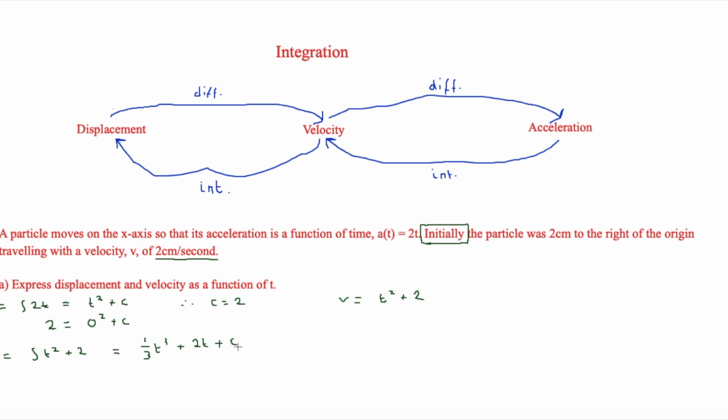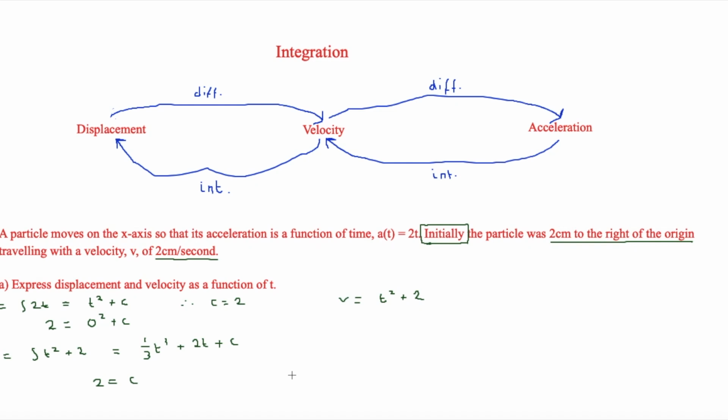And again, this is where we're looking at, was 2 centimeters to the right of the origin. Therefore, we know that we can work out c. So 2 is equal to, and rather than writing it out, we know again that t is equal to 0. So this is just going to cancel, and that's going to cancel there to give just 2 is equal to c.